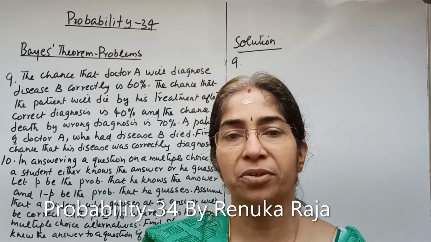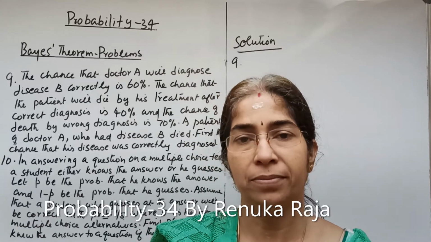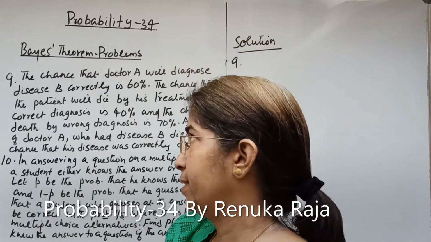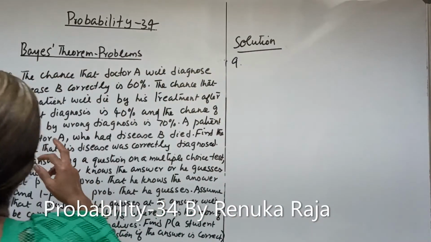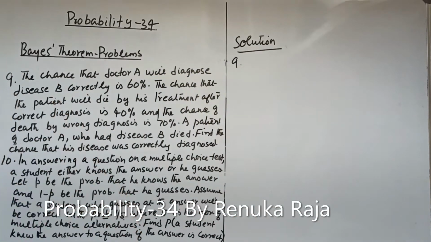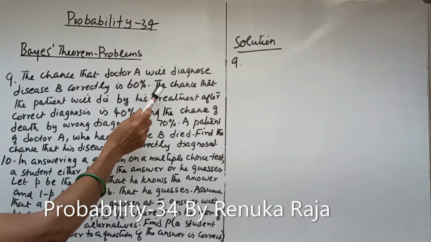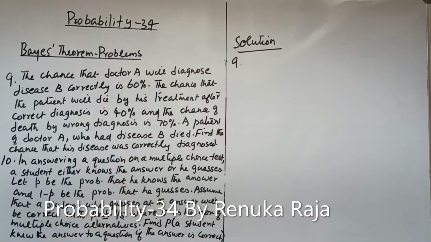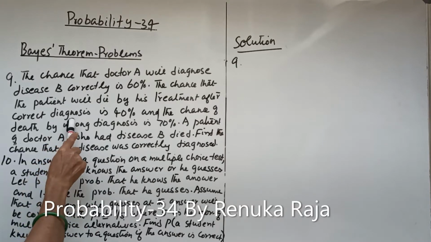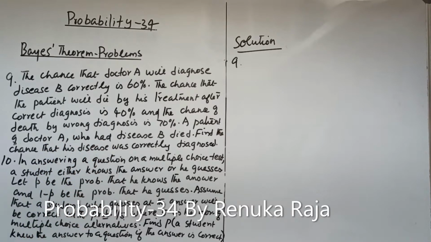Let us continue the problems on Bayes theorem of probability. Consider a problem. The chance that Dr. A will diagnose a disease B correctly is 60%. The chance that the patient will die by his treatment after correct diagnosis is 40%.